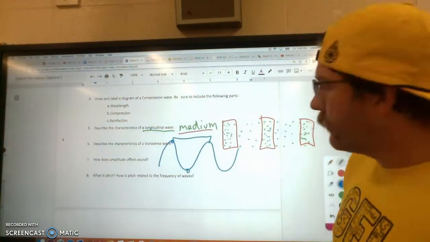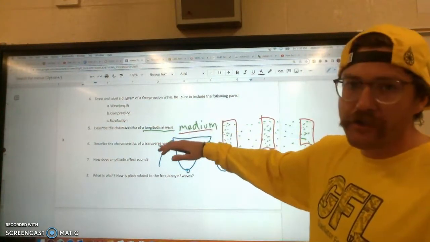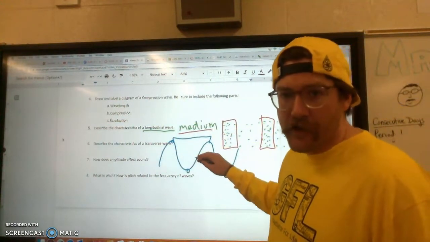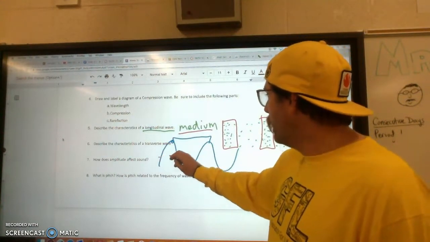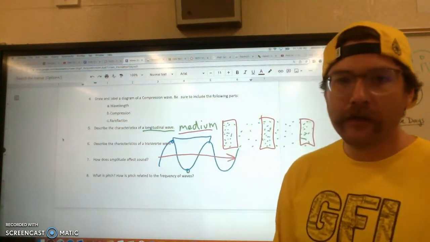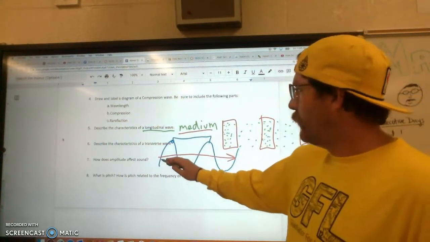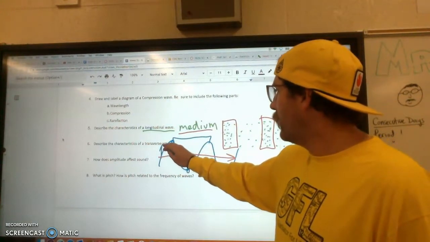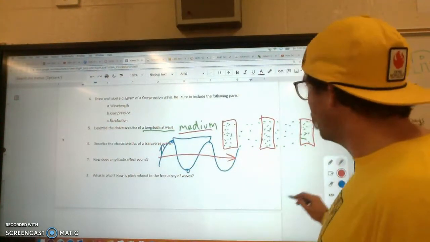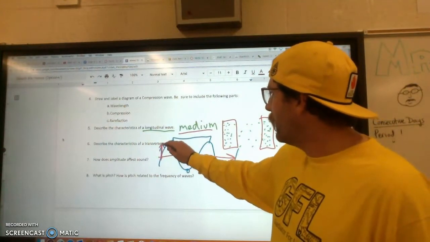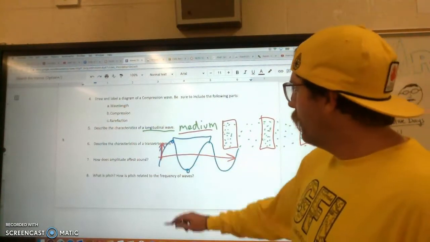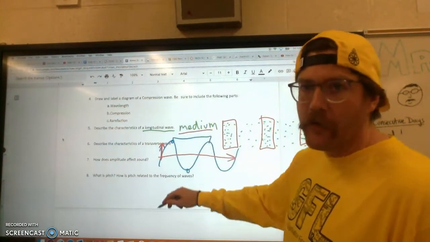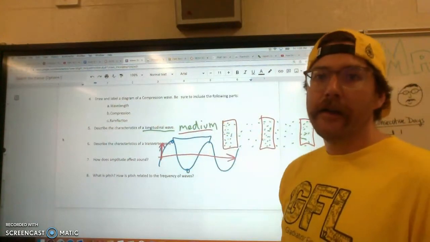Another big thing to think about when we're comparing longitudinal waves and transverse waves is that on a transverse wave, the wave is moving in this direction. But the particles that make up this wave are actually going up and down. Okay, so we get this perpendicular angle here, where in order to make this type of wave, you disturb the substance going up and down, like a drop of water into a cup.